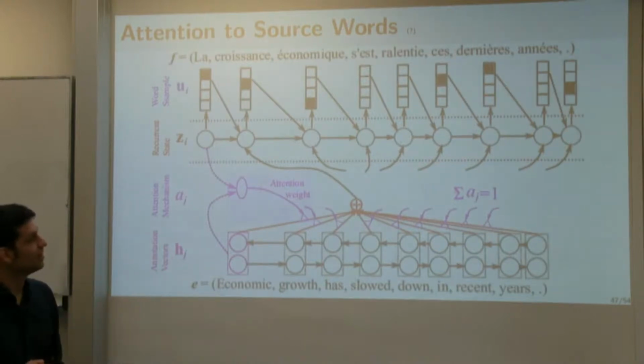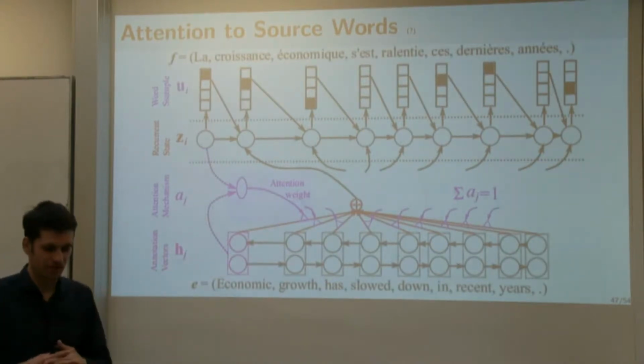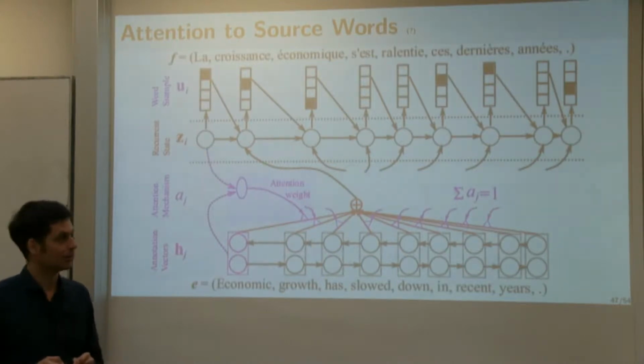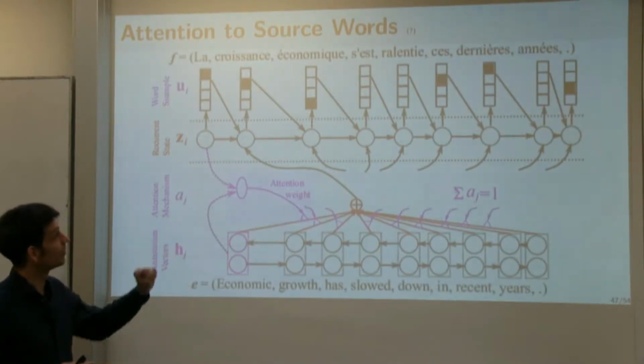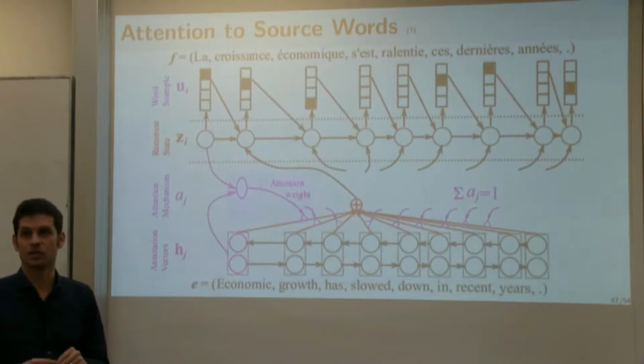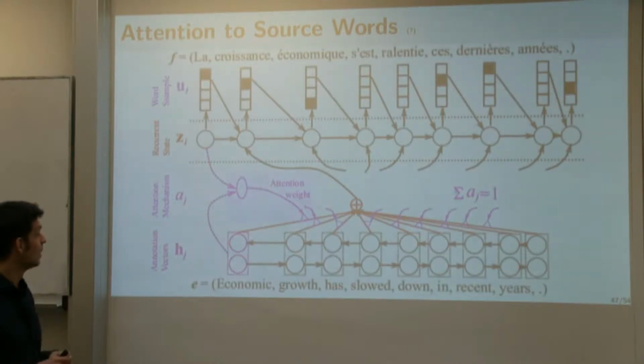So here is a reminder of how the visual information can be used. Before I describe how the visual information can be used, let me remind you of the attention architecture that we discussed very early in this series of lectures.